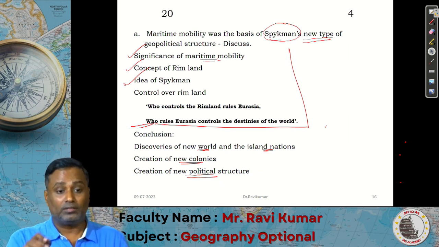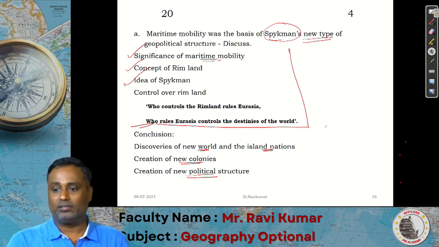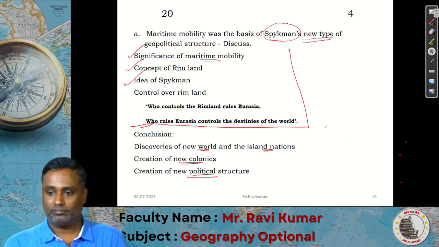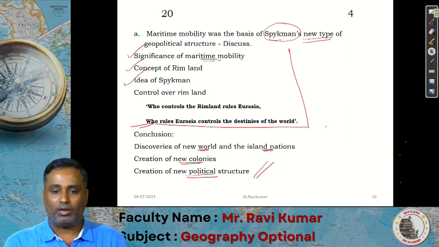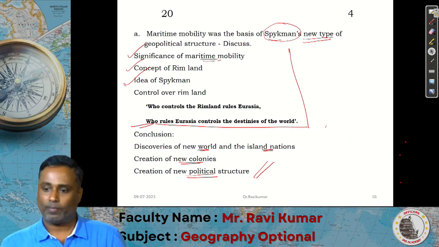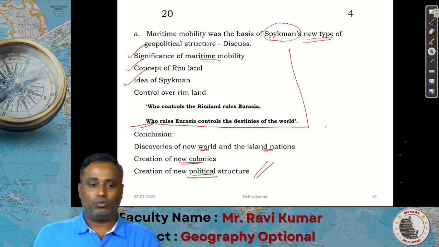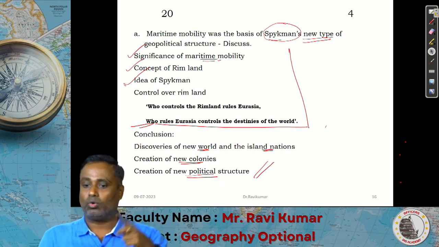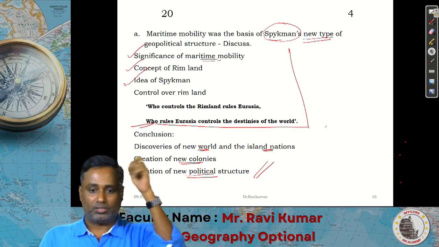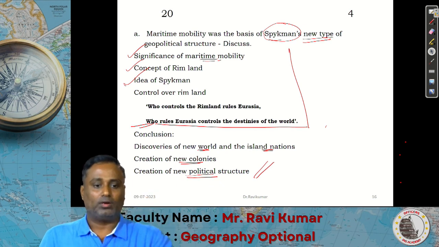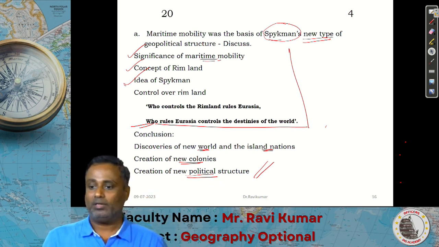Instead of discuss, they said substantiate or evaluate. Now we have to evaluate it. Till these new colonies, yes, it is acceptable. But after that, not only maritime mobility is controlling the entire geopolitics. After the invention of air transport, the importance of maritime mobility is lost.